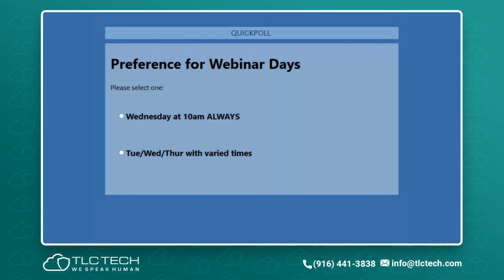Right now we've got 52% of the people voting. Thank you for doing that. That's a pretty resounding number. We'll give it another minute or two for people to vote, but it's looking like a very large majority would like it always Wednesdays at 10 a.m.